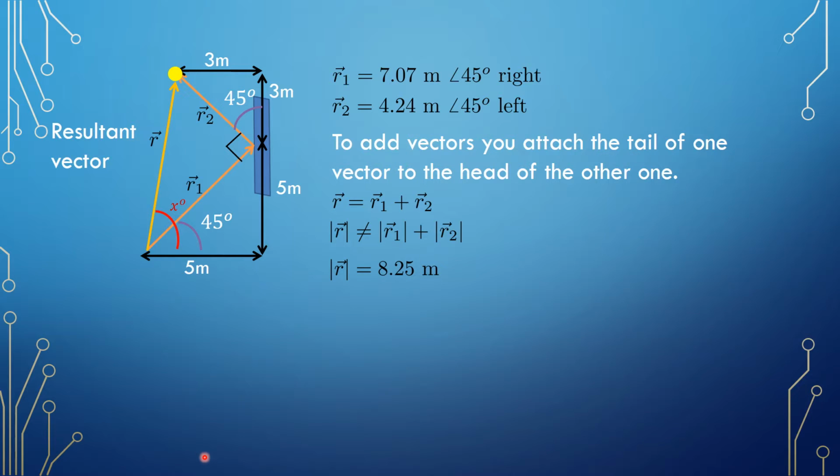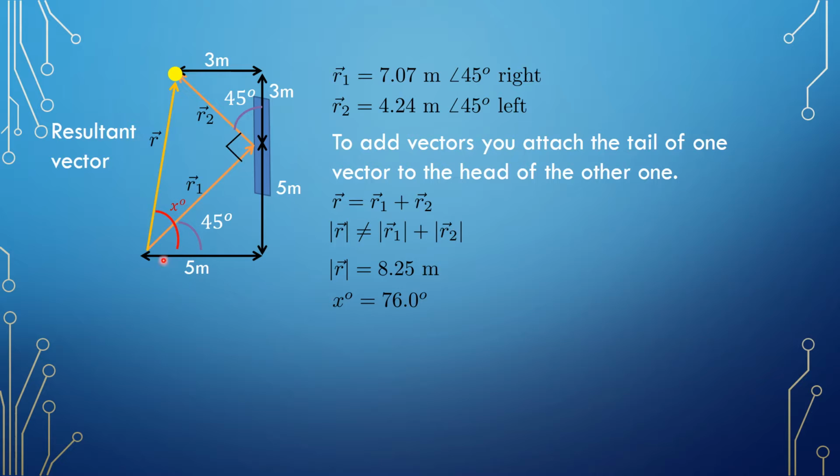So using trigonometry, we know the length of r1, and we know the length of r2, so we can quite easily work out the length of r. It's the square root of the length of r1 squared plus the length of r2 squared, which is 8.25 meters. And using more trig, we can work out the angle the resultant vector r makes with the x-axis. So that's x degrees. We can work that out to be 76 degrees.